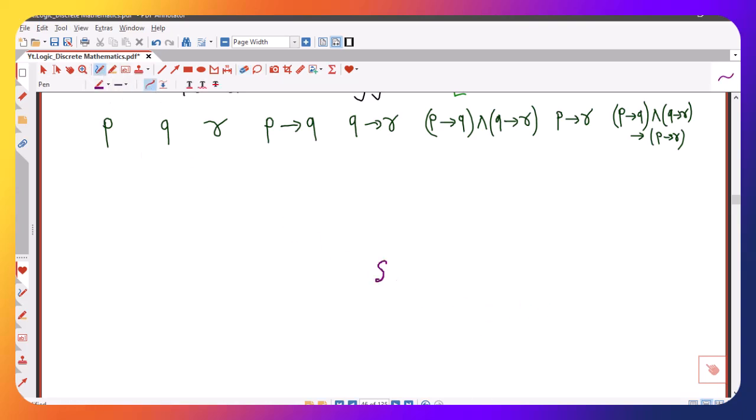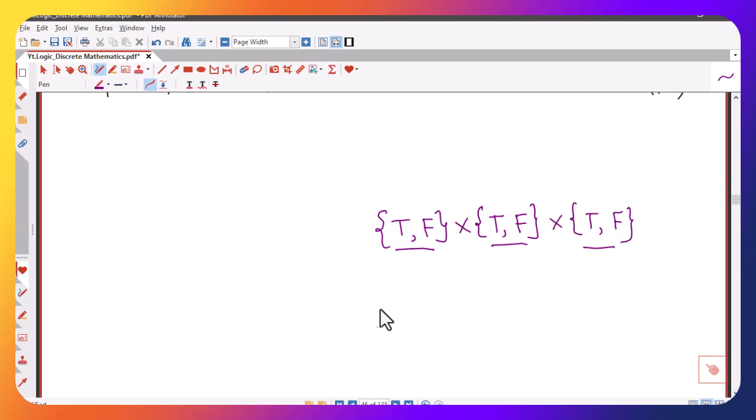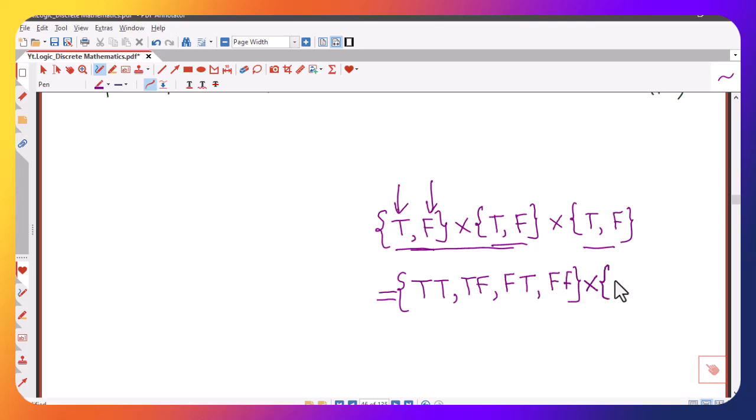For that we can consider the Cartesian product of the set {T, F} three times. There are two possible truth values for each of P, Q and R. First we consider the Cartesian product of two of these. If I fix T as the first element, then I have TT, TF, then FT and FF, and then I will take the Cartesian product with {T, F}.